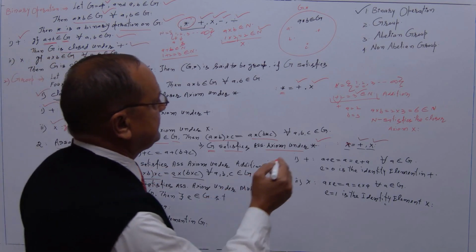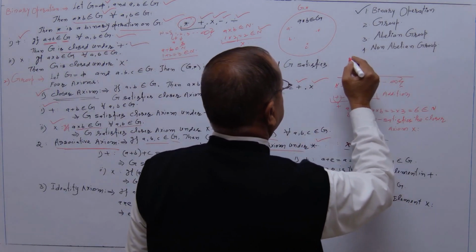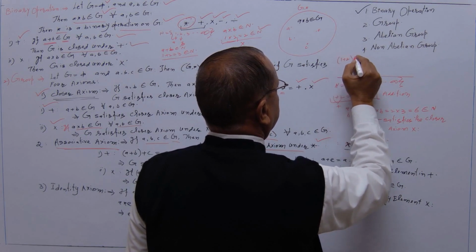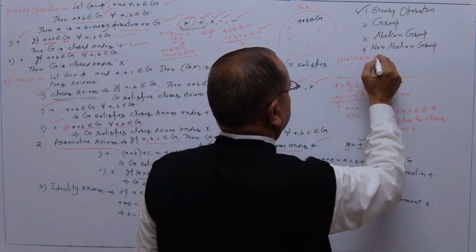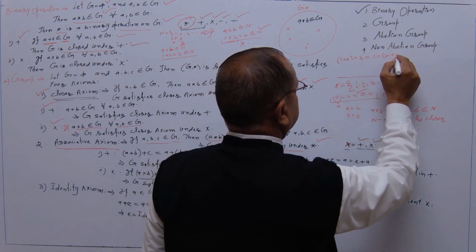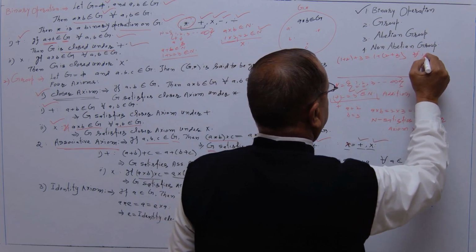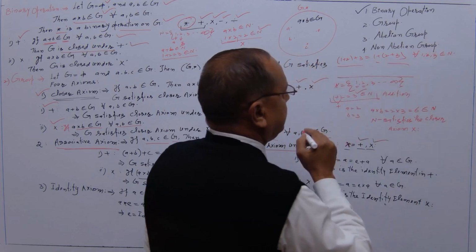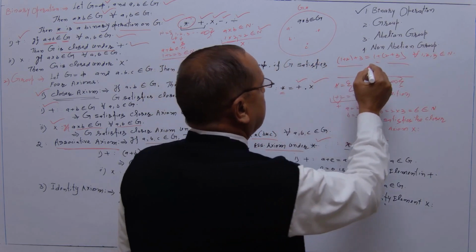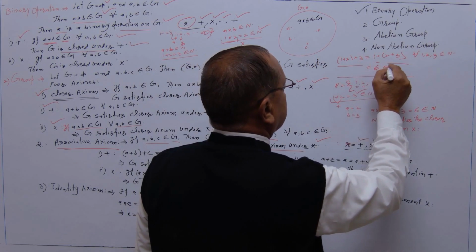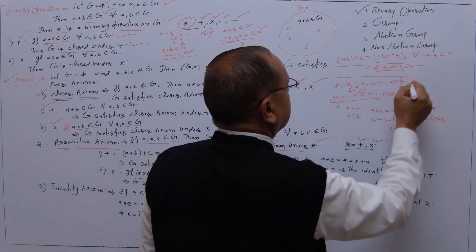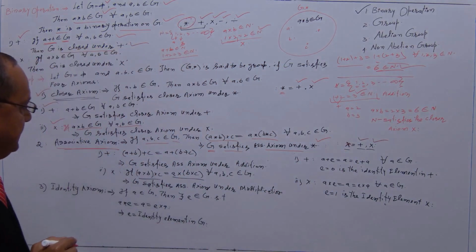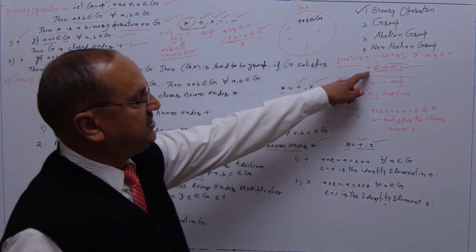For example, we have the set of natural numbers, 1 plus 2 plus 3 is equal to 1 plus 2 plus 3 for every 1, 2, 3 belonging to natural numbers N. In both cases, whether the bracket is first or later, the sum is 6 and 6 also belongs to natural numbers. So this natural number set N satisfies the associative axiom under addition.